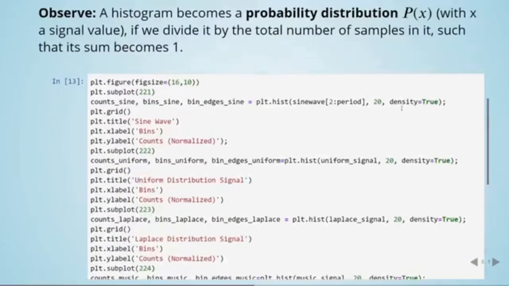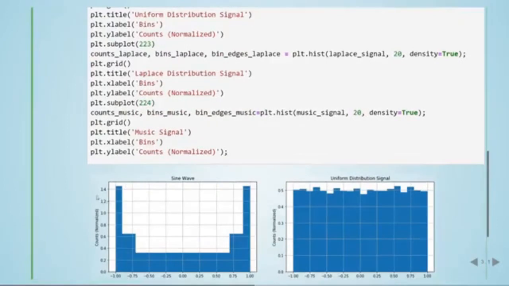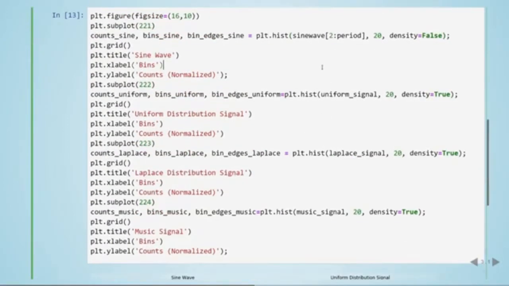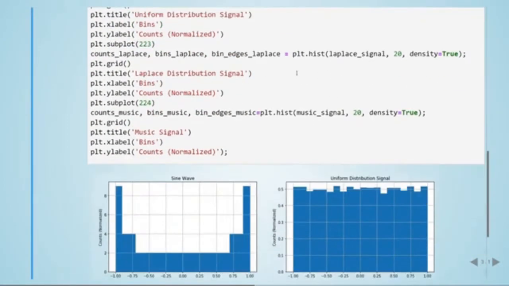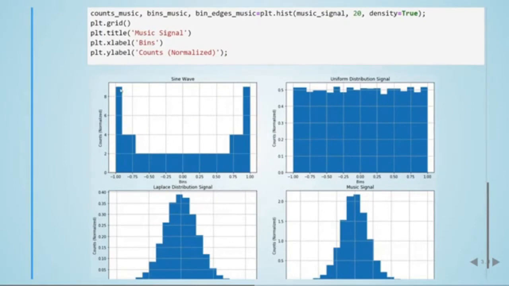So for example, if I replace it here with density equals false, we see now the sine wave is 1.4, but it goes to more or less 9. It means that there were about 9 values inside this interval from -1 to the width of this bin.